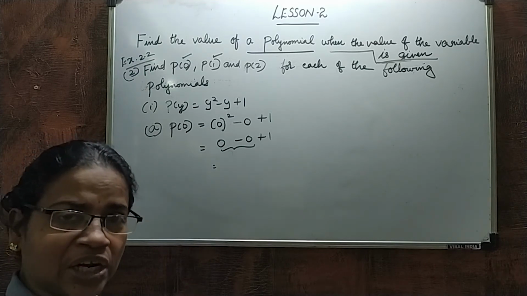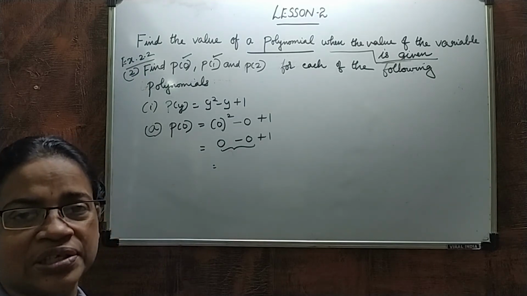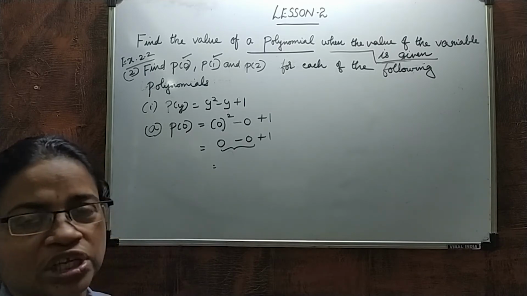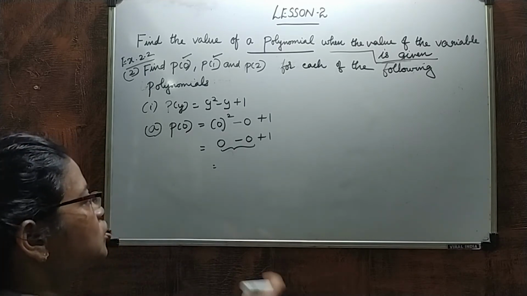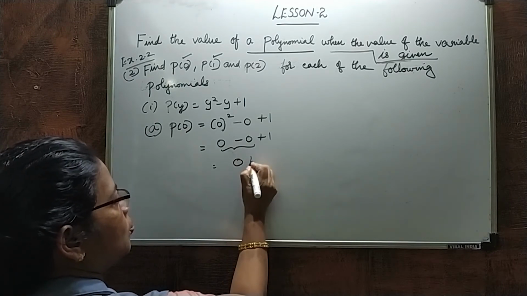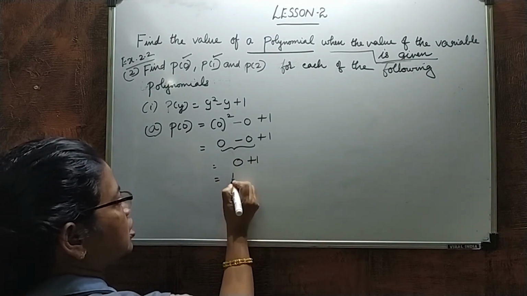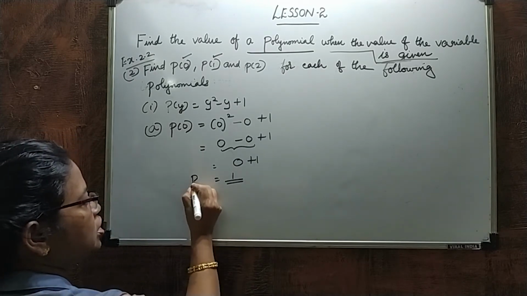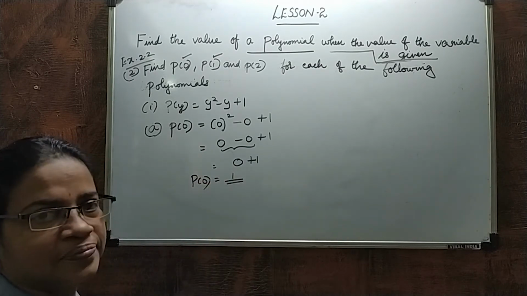But when the denominator comes as 0, what happens? It is not defined. Clear? 2 by 0 is not defined. So here 0 minus 0 is 0, plus 1. What is 0 plus 1? 1. So P of 0 equals 1.